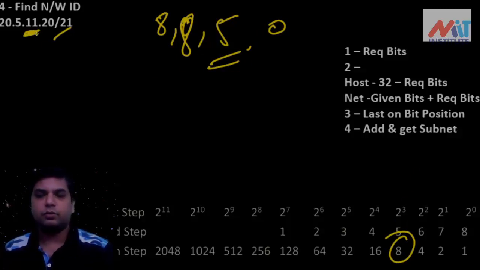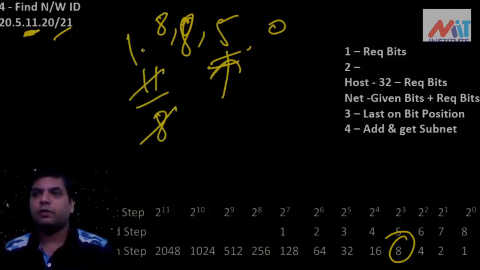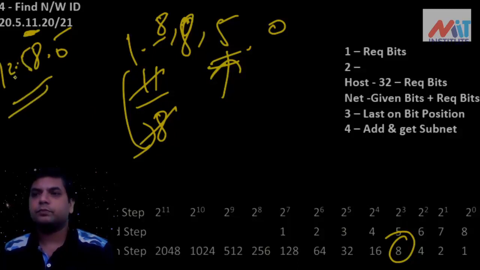Okay, so the difference should be 8 in the third octet. So take 11, divide by 8, you will get 1. Multiply by 8, again 1, so the network ID of this network will be 8.0. Okay, 172.16.8.0 will be the network ID of this IP.